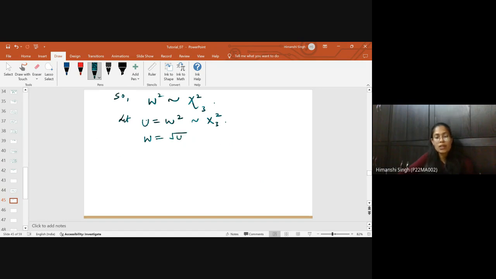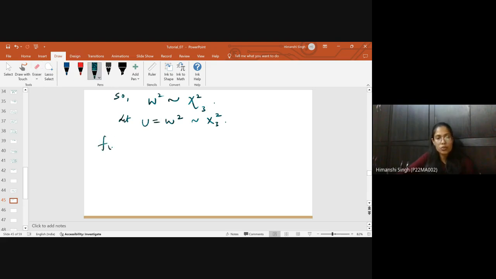So if I find out the density of U, then from that density I can find out the density of W. First I'll go towards the density of U, that is W square. Since I know it is a chi-square distribution, I know the density of a chi-square distribution.